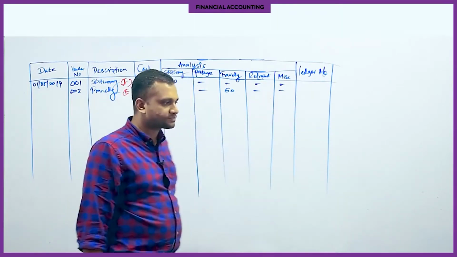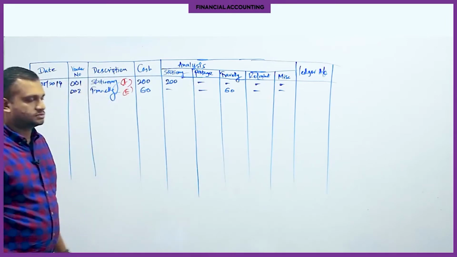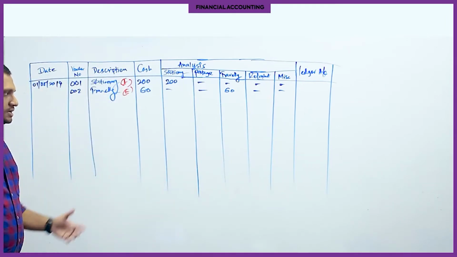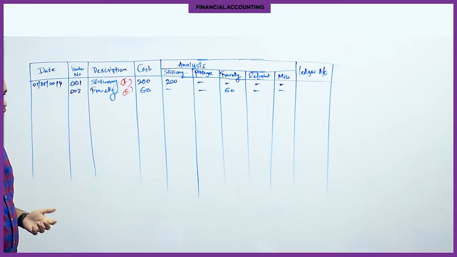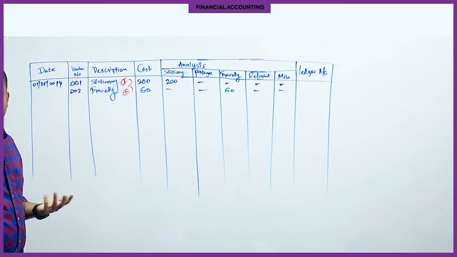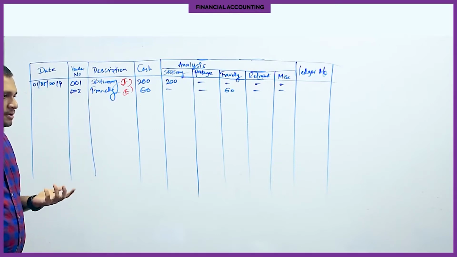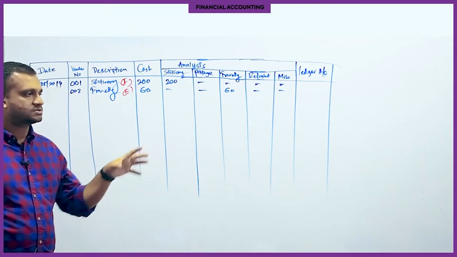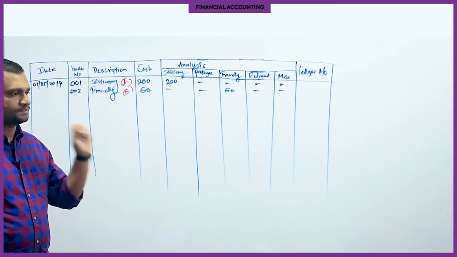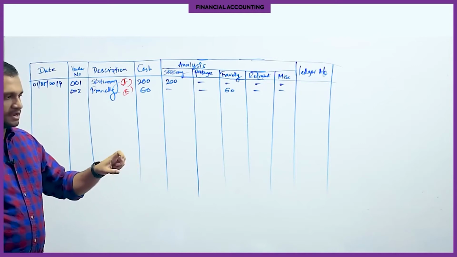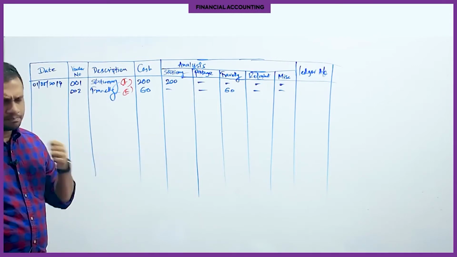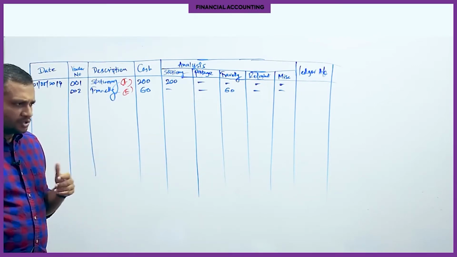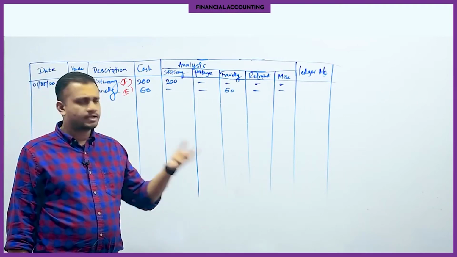Let us say you are paying some amount for carriage inwards. What do you mean by carriage inwards? When you are purchasing goods, let us say the raw material cost is 100,000, and in order to bring those to the warehouse you incur another 1000.